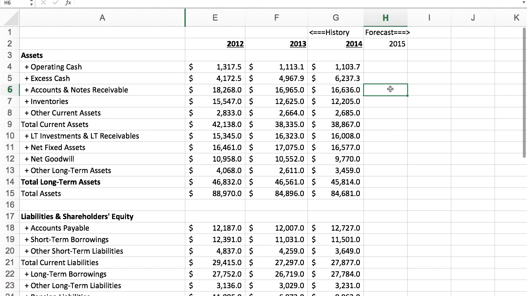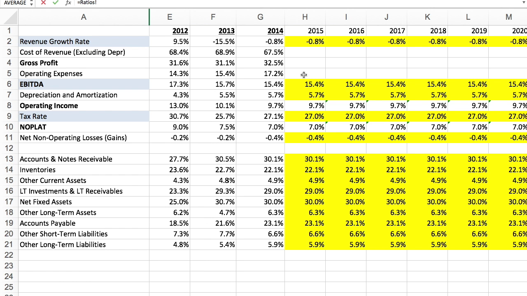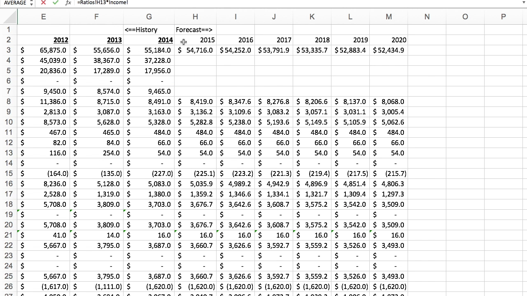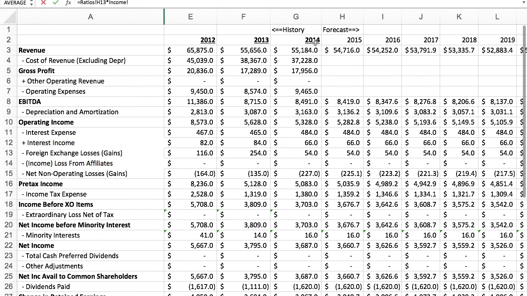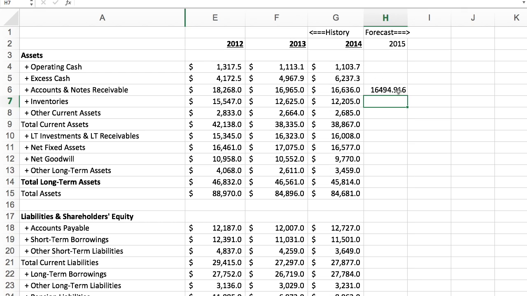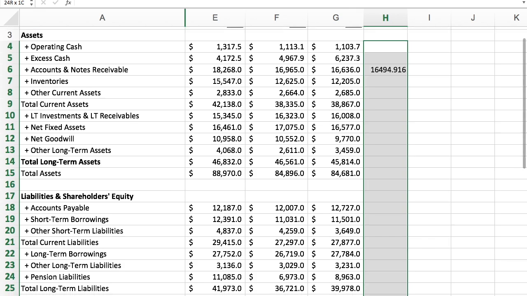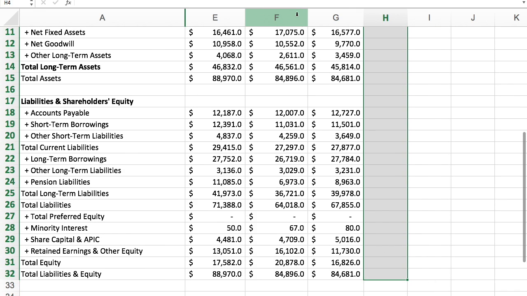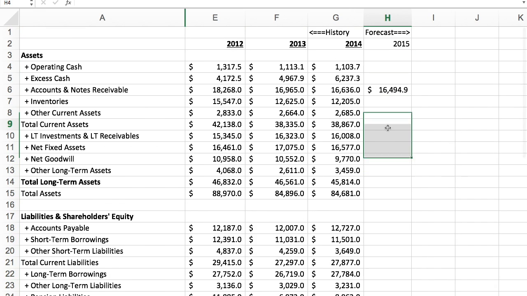So in the balance sheet, I go to accounts and notes receivable equals, from the ratios, 2015 accounts and notes receivable as a percentage of revenue, so that's H13, times, from the income tab, 2015 forecasted revenue in dollars, H3, tells me it should be 16,495. So again, I'll format dollars 1 decimal place. So 16,494.9.